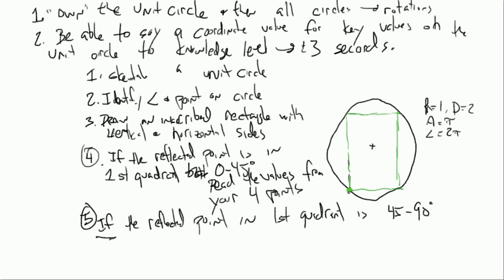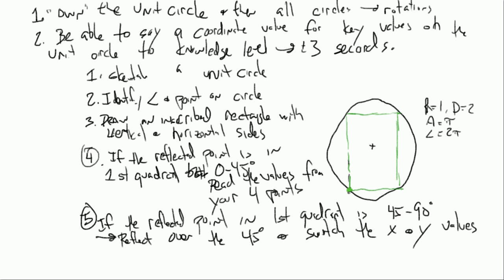You need to reflect over the 45-degree line and switch the values. Switch the x and y values. And finally, an important step, first, second, or third, or last, is now check that you have the right signs.